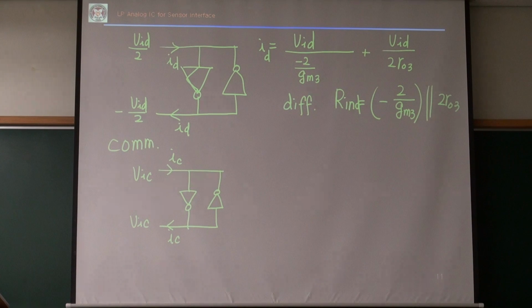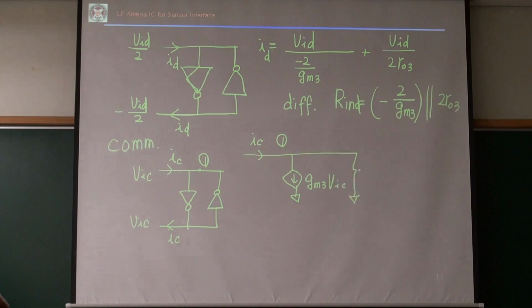What do you think, is this 0? Let's try that small signal equivalent circuit again. This is node 1. For node 1, this is my IC, and my output is gm3 VIC, then I have ro3.